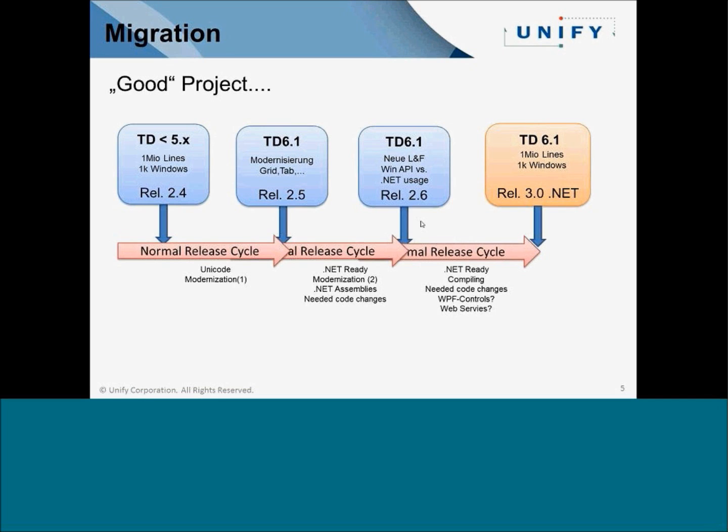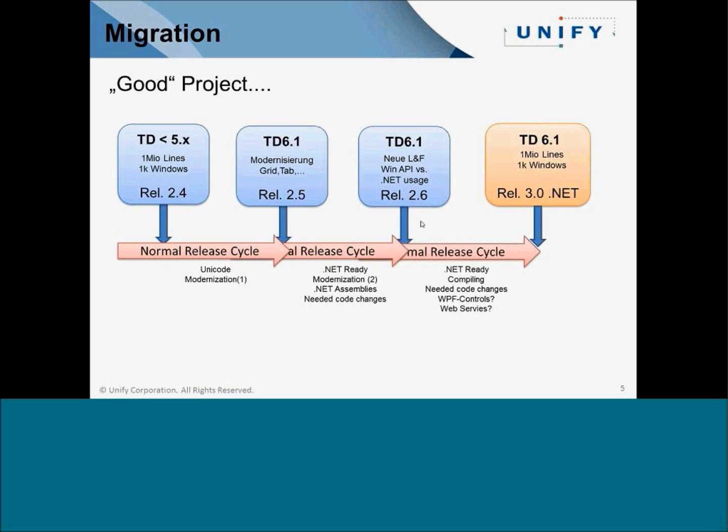So on Win32, you are able to use .NET framework parts. You can include them directly into Win32 sources, and you can compile your sources directly with dependency to .NET assemblies without using the .NET compiler. So this gives you the possibility to replace Win32 API calls with .NET assemblies.